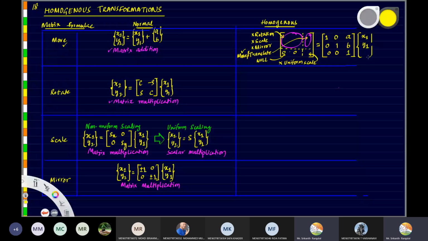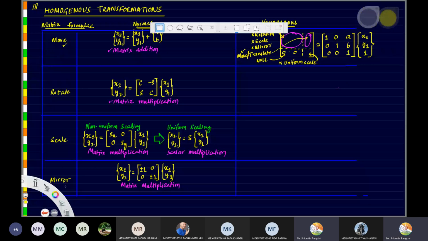Here we just have to append this with 1. Okay, just have to append this with 1. So when we perform this multiplication, we will get the right result. Okay, so shall we confirm it with the same problem?